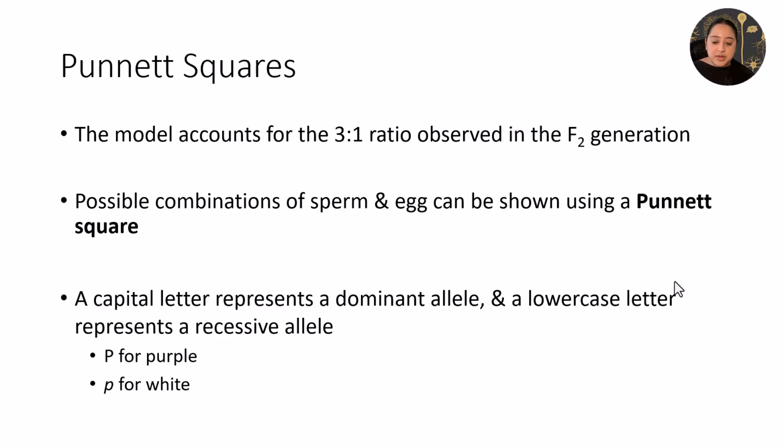If the purple flower color is dominant, we'll give it the capital letter, so capital P. And the lowercase letter would represent the recessive allele. So for one character, flower color, there are 2 different traits, purple or white. We would give the big P for purple and then a little p for white.